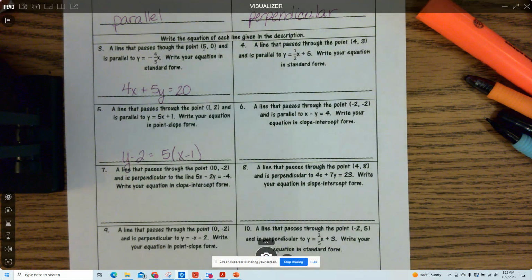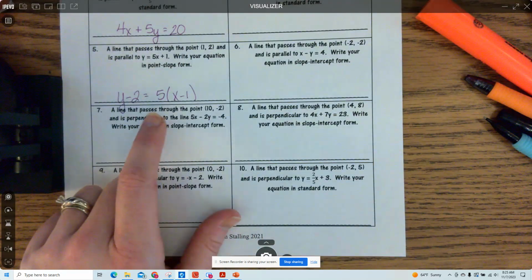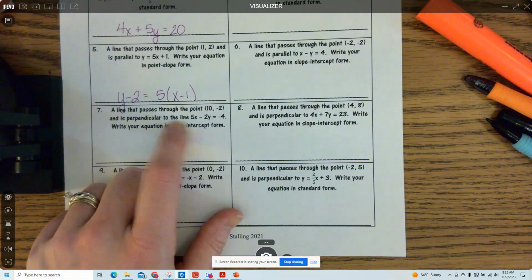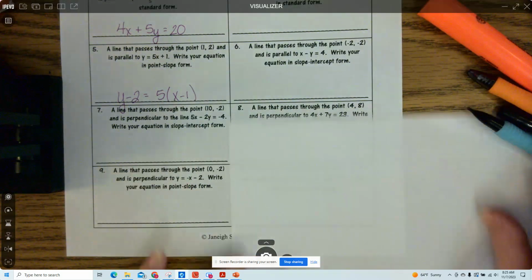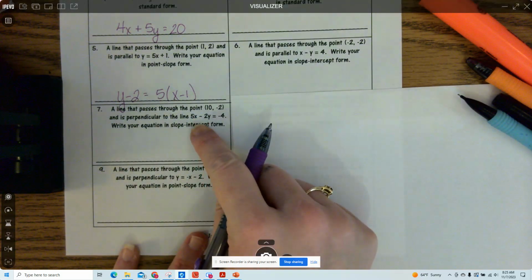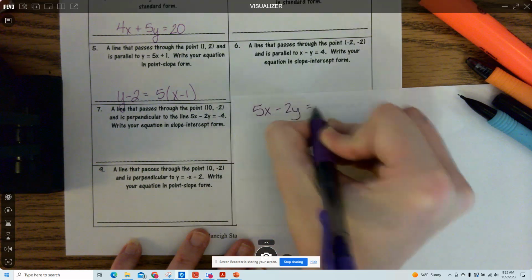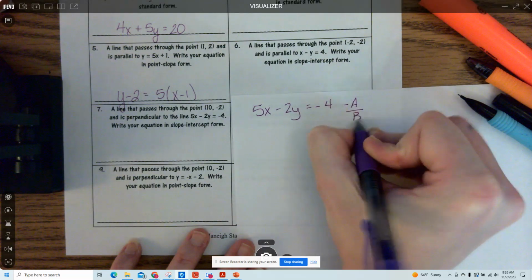All right, perpendicular lines. A line that passes the point 10, -2 and is perpendicular to this standard form line. Before I can do anything, I have to find the slope of this line. Okay, so slope is -a over b.